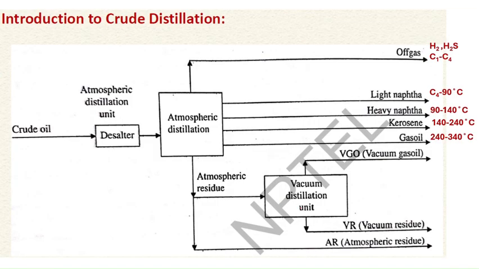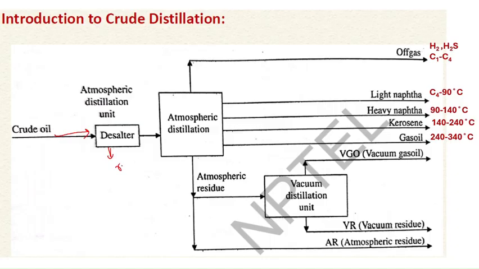Coming to the introduction of crude distillation, this is a flow sheet which gives an overview of how crude distillation takes place. From here, crude oil is taken to the desalter. What is a desalter? We will be discussing it further.